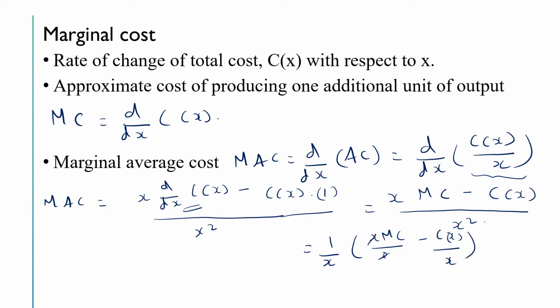Or this is equal to 1 by x into marginal cost minus C of x by x, which is nothing but the average cost. So the marginal average cost can be expressed as 1 by x into marginal cost minus average cost.